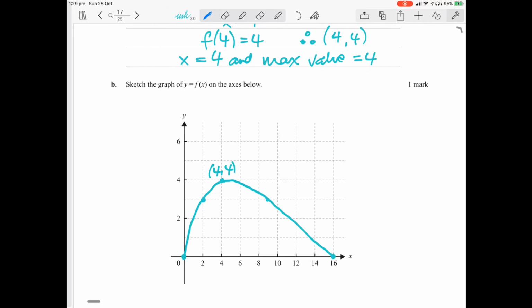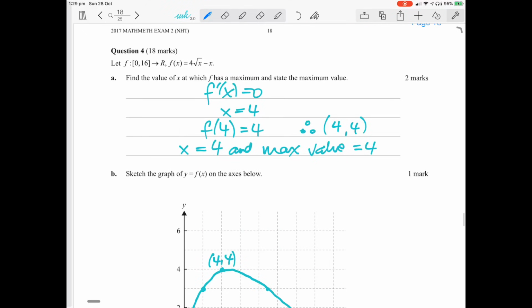So that's 4, 4, 0, 0, 16. It's defined at the endpoints, yep.